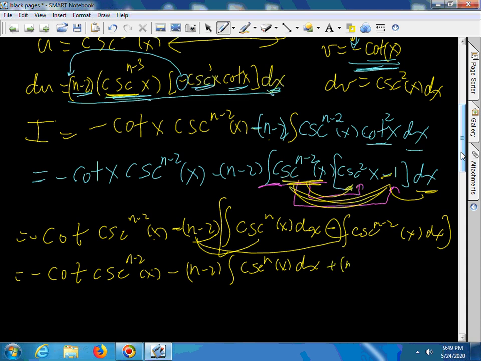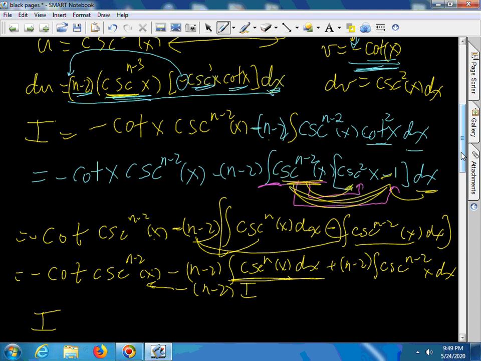So I get plus n minus 2 times the next integral, cosecant^(n minus 2) x dx. But this is the beginning integral. So on the left side I have I, and on the right side I have negative n minus 2 times I. When I bring this to the other side, it'll become plus n minus 2 times I.